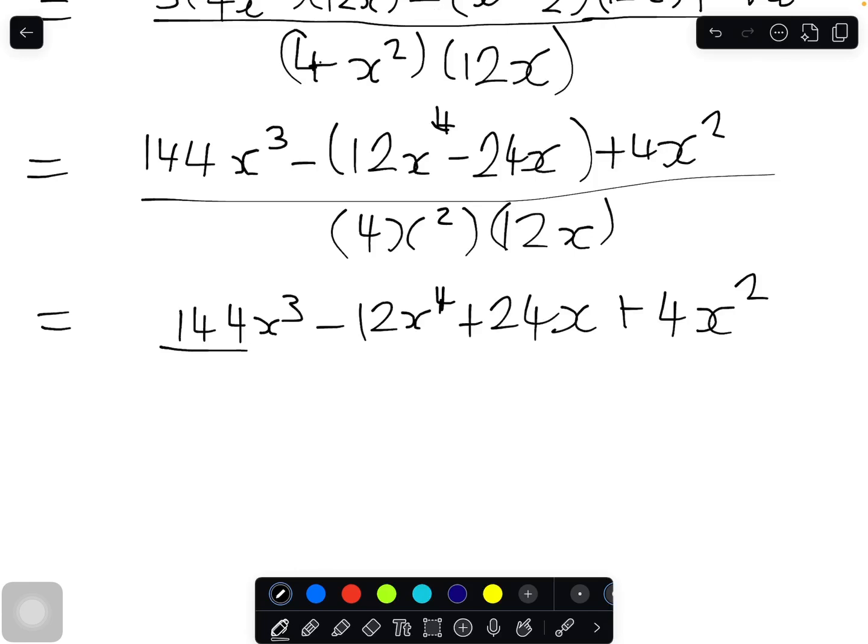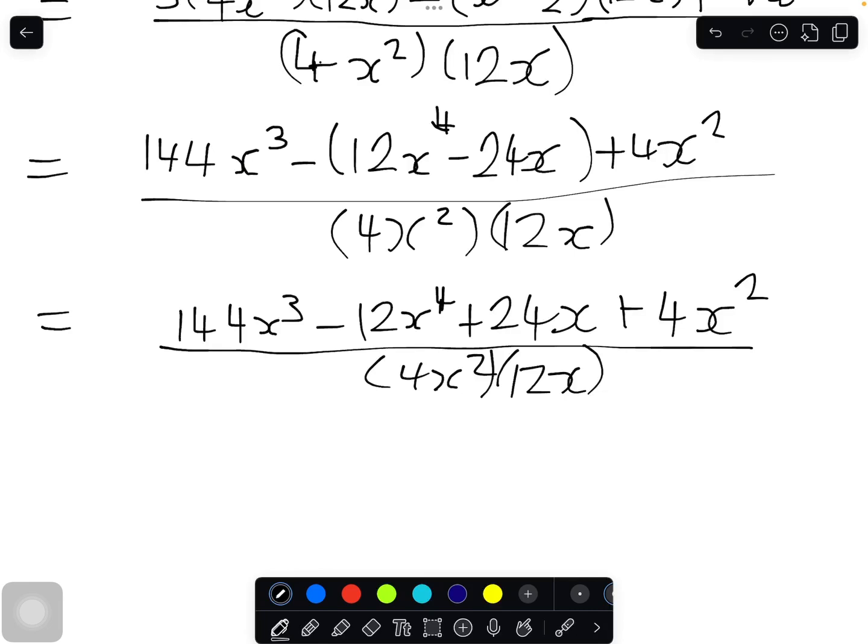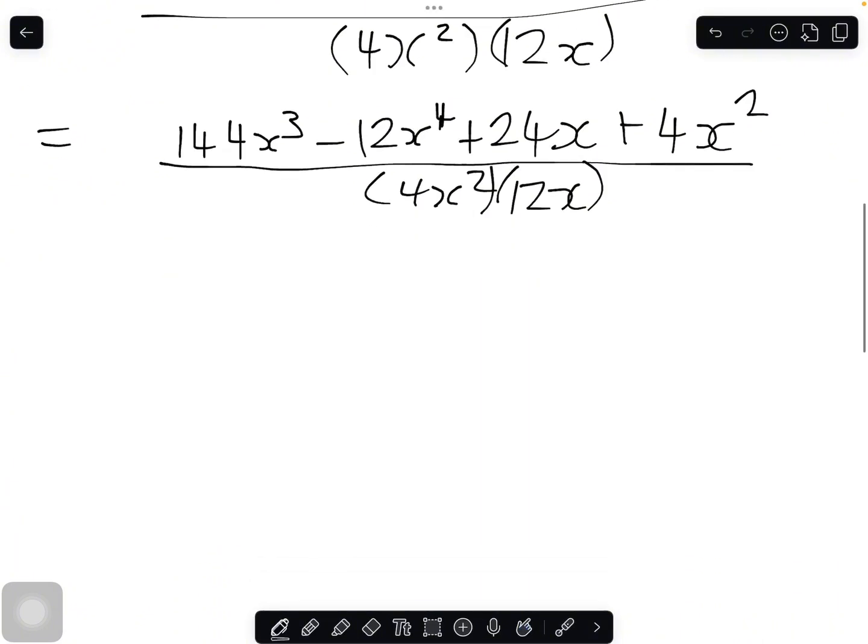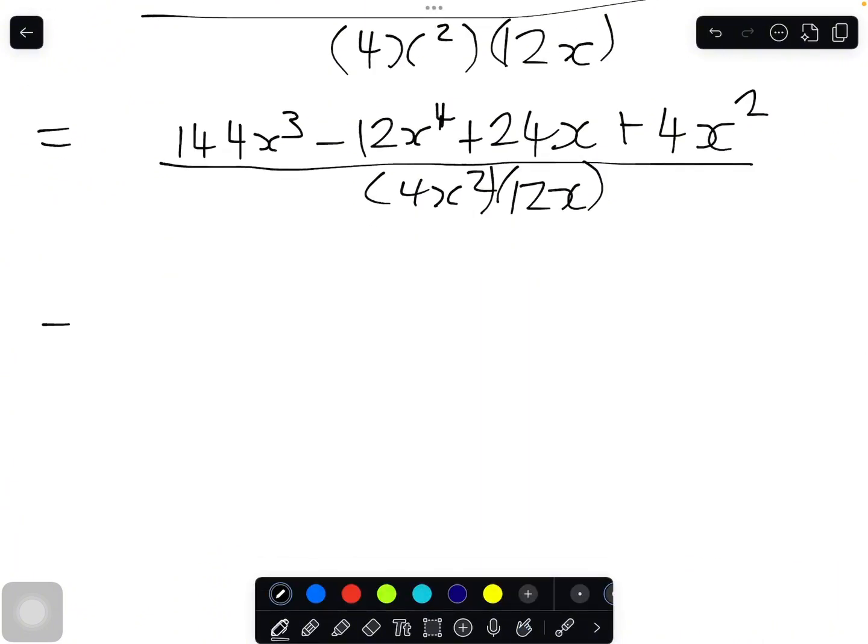And I can take out a common factor in this, over 4x squared into 12x. I can take out a common factor from these top terms, which would be a common factor of 4x. So I'll take out a common factor of 4x here. Let's go to our calculator and see what 144 divided by 4 is.